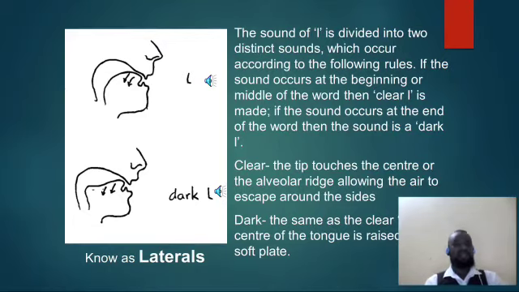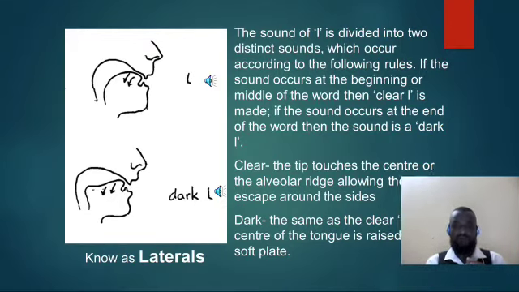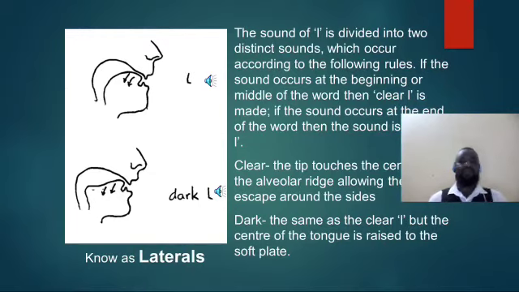We say that it is the light and dark la in other books. So the difference is, for example, the la sound in castle. The clear la touches the center of the alveolar ridge, allowing the air to escape to the two sides of the tongue. The dark la is the same as the clear la, but the back of the tongue is raised toward the soft palate.